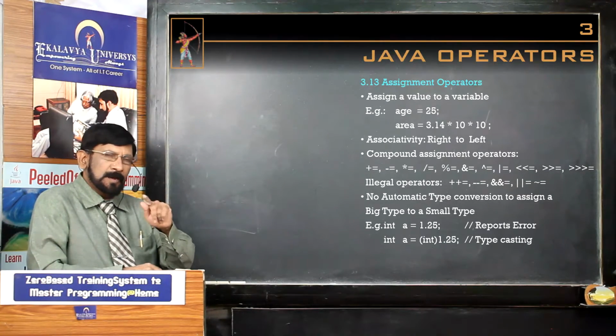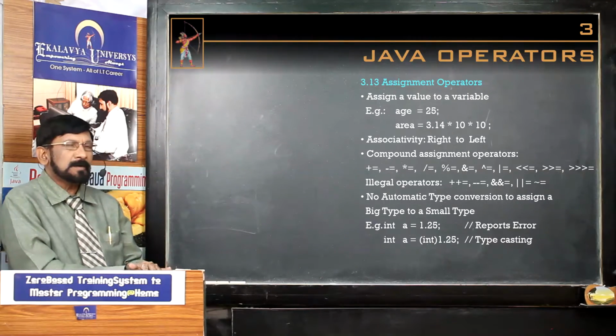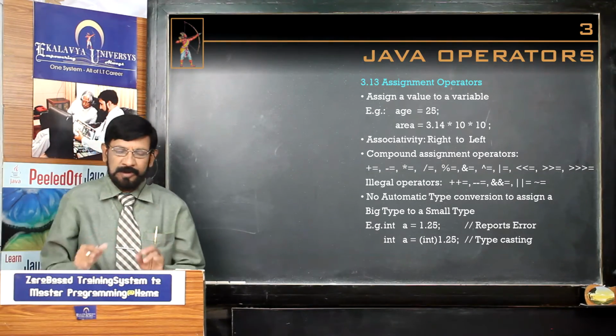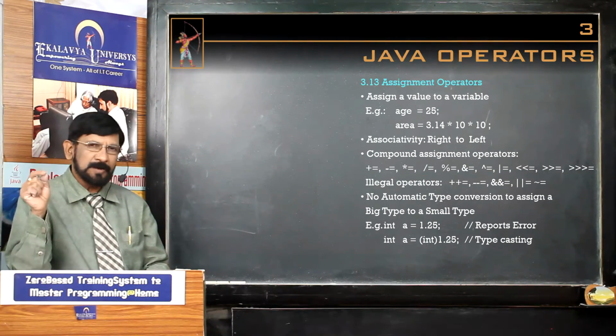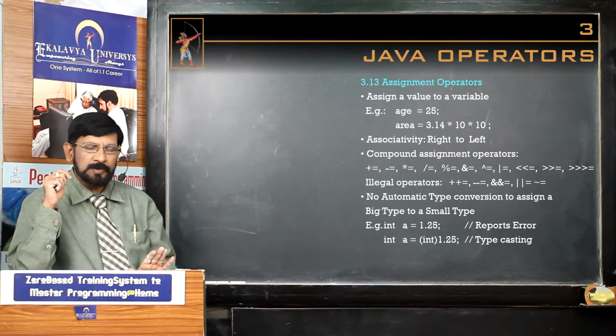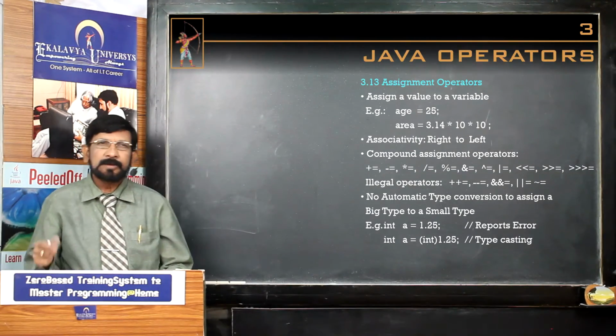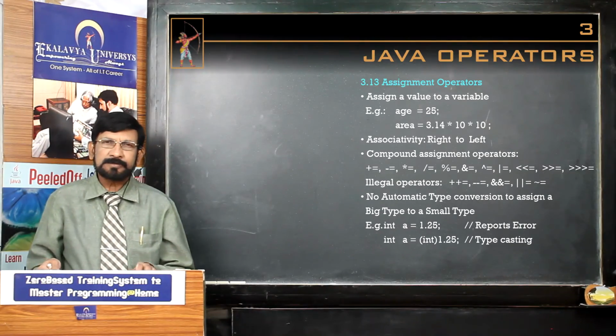Then, in order to make it workable, what do you have to do? You have to make typecasting. Typecasting is known as explicit type conversion. Voluntarily, you are doing type conversion, then only it is possible. However, we are going to focus on this point in the last concept of this chapter.